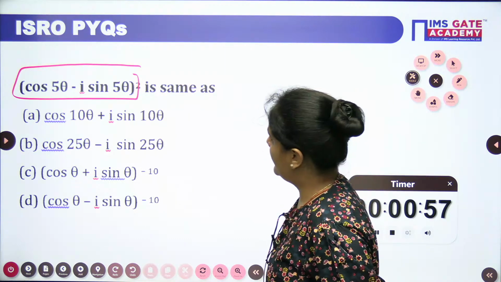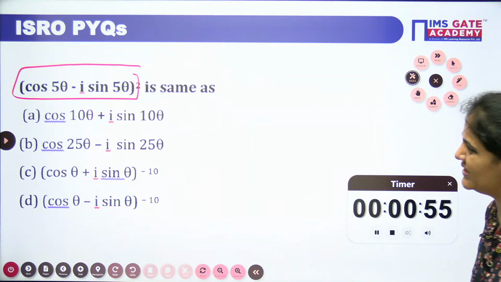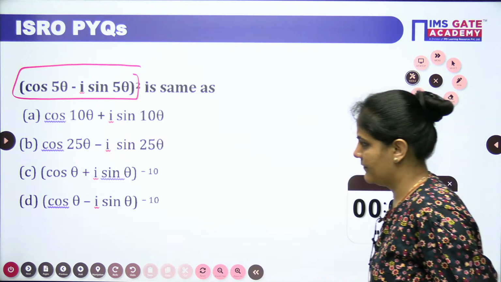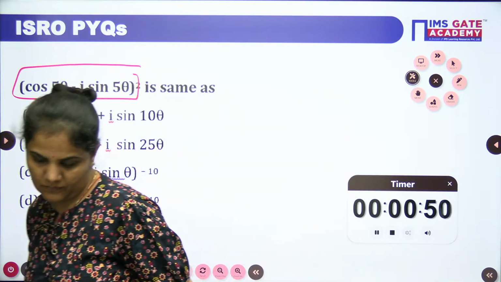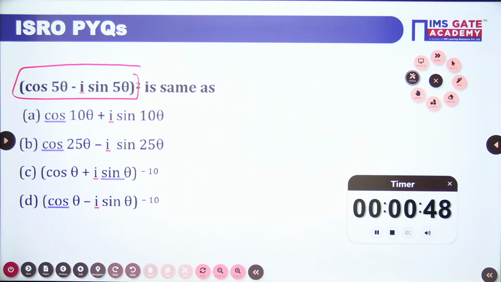(cos 5θ - i sin 5θ). I hope you can see the question very easily. Options are available for us. We can check and we can approach accordingly.